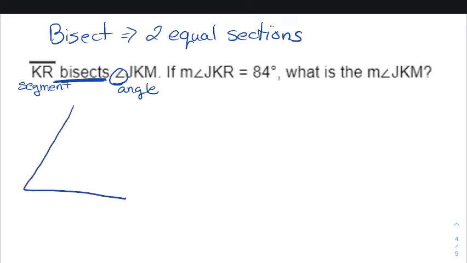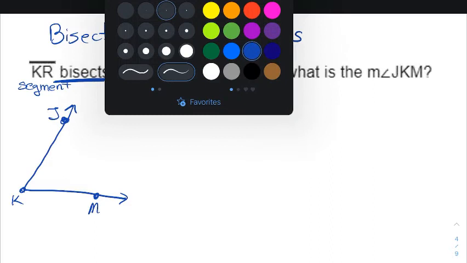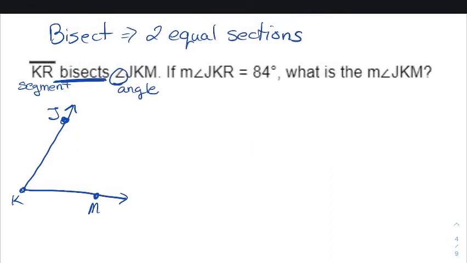All right, so we have an angle JKM. It's an angle. We don't really know any more about it. We just know that we have this angle JKM, and it is being bisected by KR. So in equal sections, we have KR.